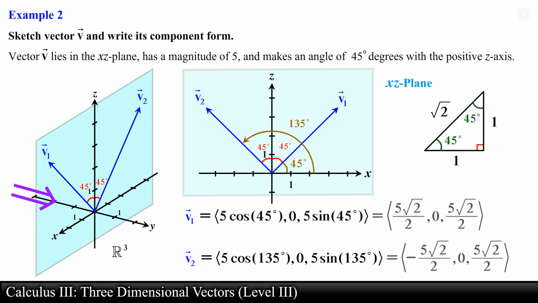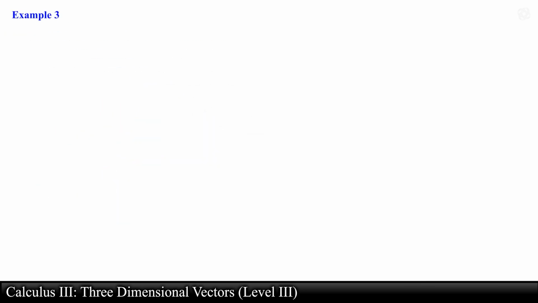Doing that, we obtain the following for the first vector. 5 times the square root of 2 over 2, 0, and 5 times the square root of 2 over 2. For the second vector, the values of each component will be the same, but the x, or i hat component, will be negative, since cosine of 135 degrees yields a negative value. Alright, let's go over the next example.